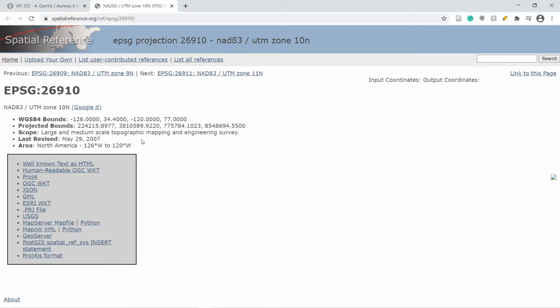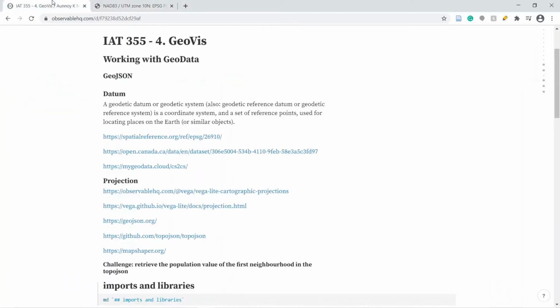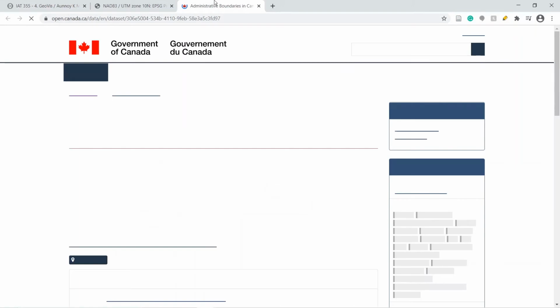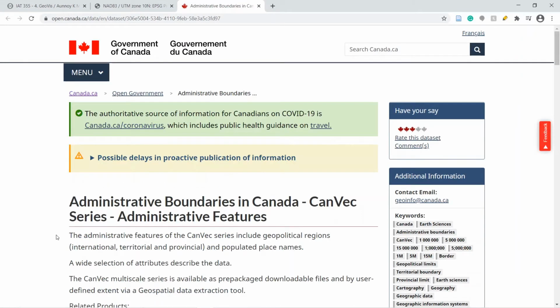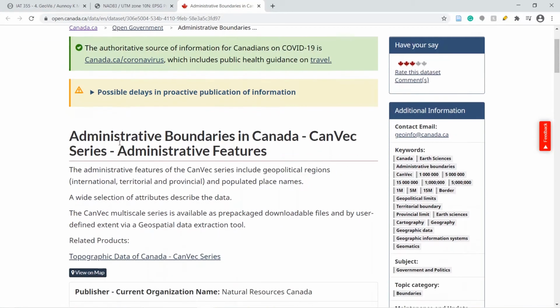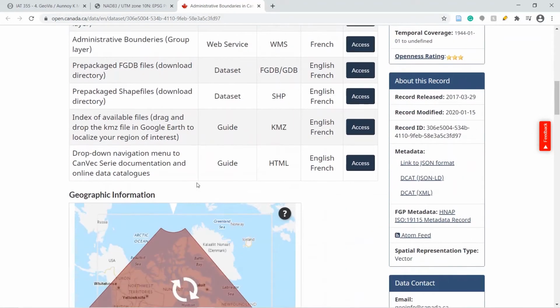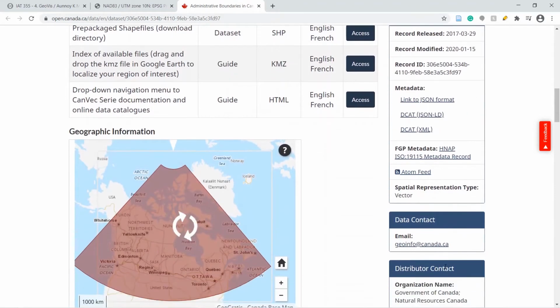That's because depending on your project, your assignment, or your objective, you need to understand what type of coordinate system the data that you have access to is using. For example, this is GeoData that the government of Canada is providing. To work with this dataset, let's take a look at the metadata.